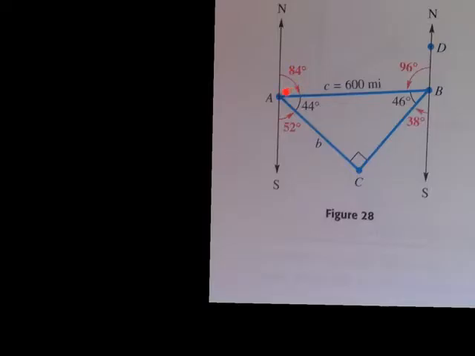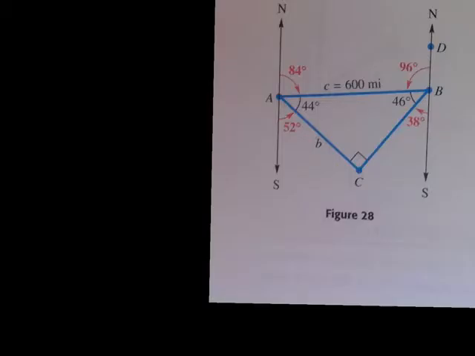The bearing from B to C is south 38 degrees west. And then we can draw that line. So that gives us a chance to draw this line, and this line. So a plane is flying at 250 miles per hour.